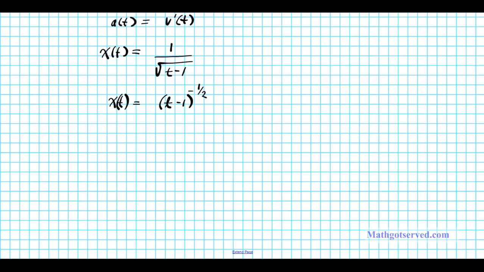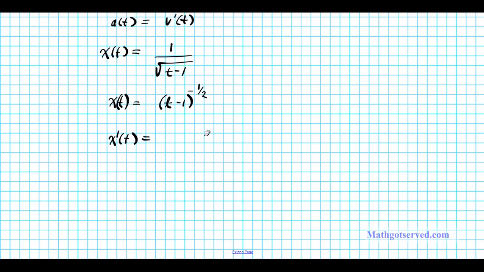Actually negative since I'm reciprocating. All right, and then we can just apply the chain rule here using the power rule, and then we can differentiate with ease. Okay, so let's find the first derivative, x prime of t.